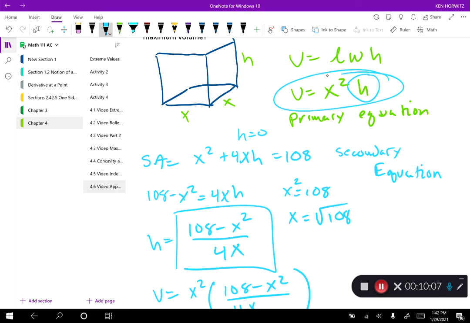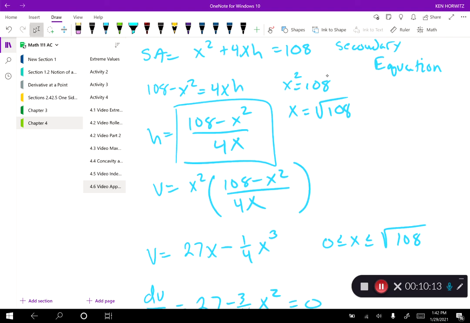Probably right here, because we have x and we don't have h. So go here and plug in your numbers and then tell me what you get. Pause the video, plug them in, and we'll check our answers on the back end.